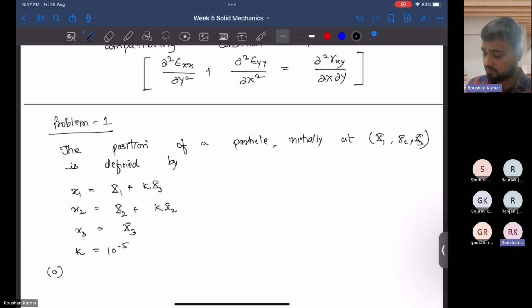So the first question based on this statement is: find the components of the strain tensor.